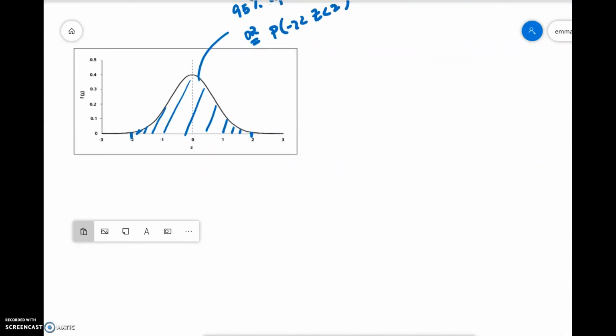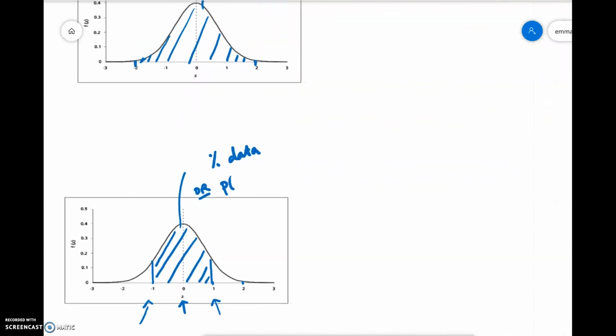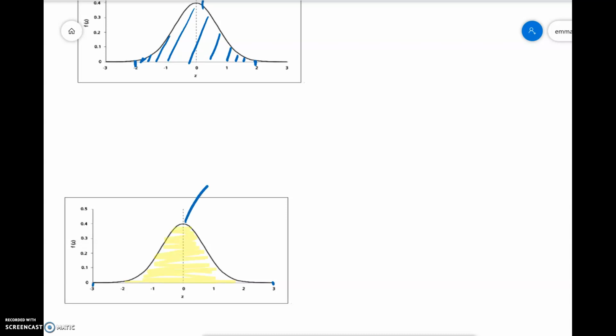And then if we continue doing the same thing, when we go to 3 standard deviations, that is going to be everything. 99.7% of the data, or the probability, is going to be 99.7%.